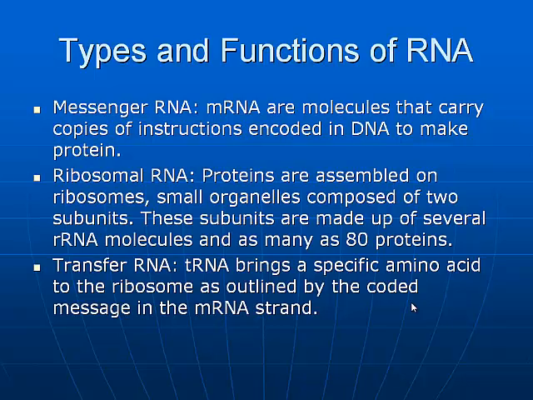The ribosome brings in transfer RNA, which has an amino acid on it, and it complementary base pairs with that mRNA strand and attaches the polypeptides, but that comes later. But all you need to know right now is that tRNA brings specific amino acids to the ribosome as outlined by the coded message in the mRNA strand.